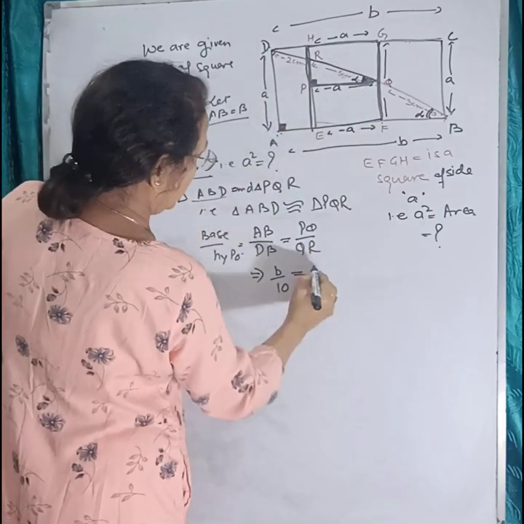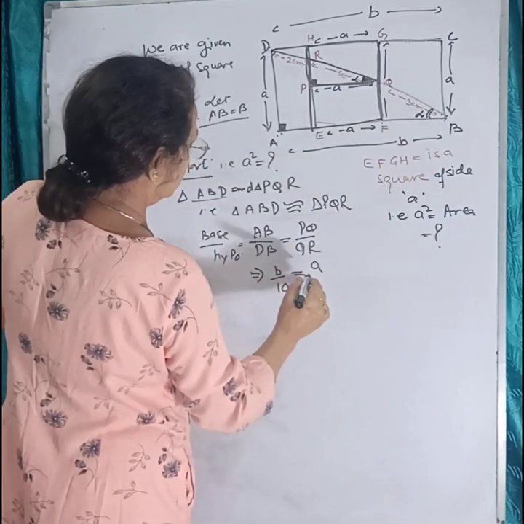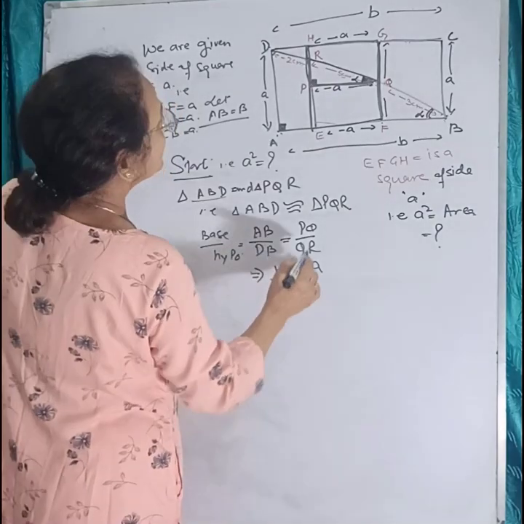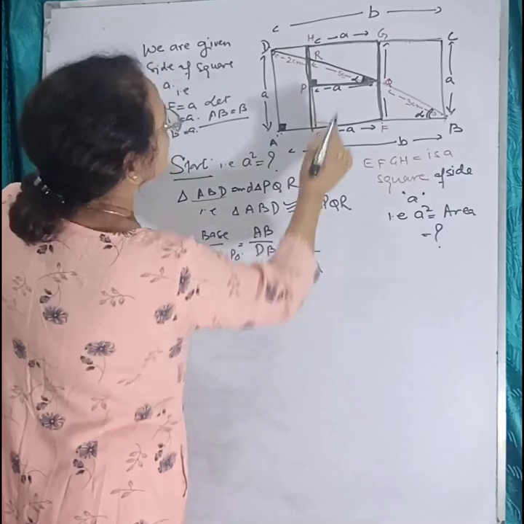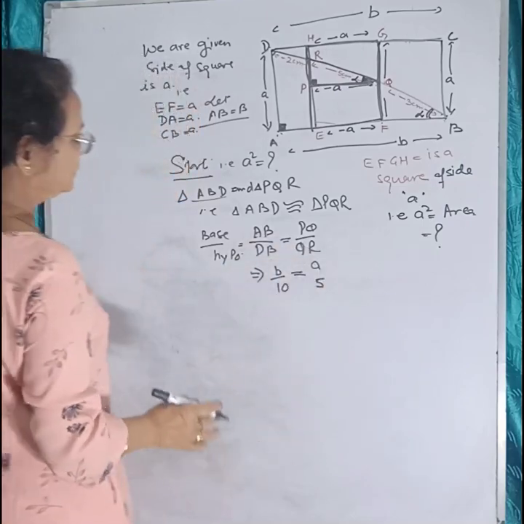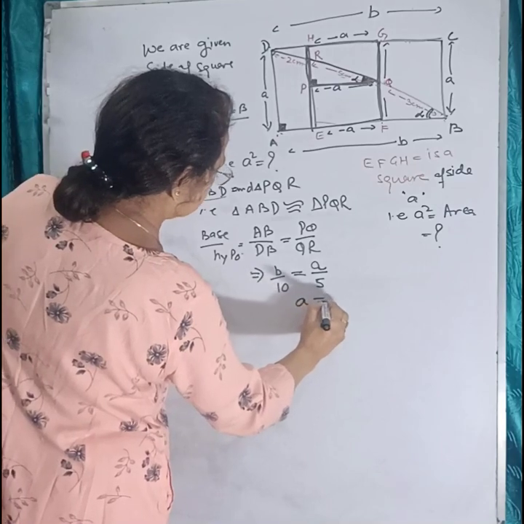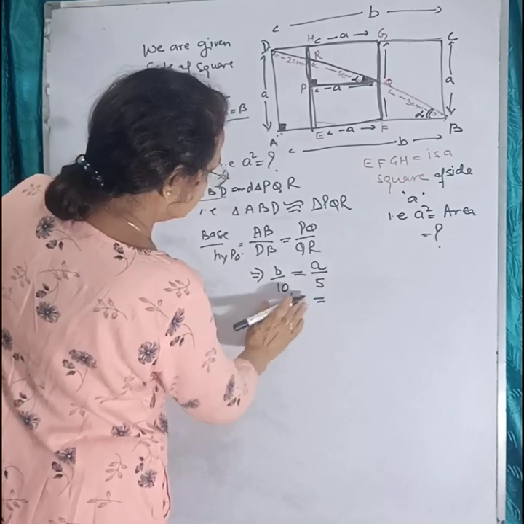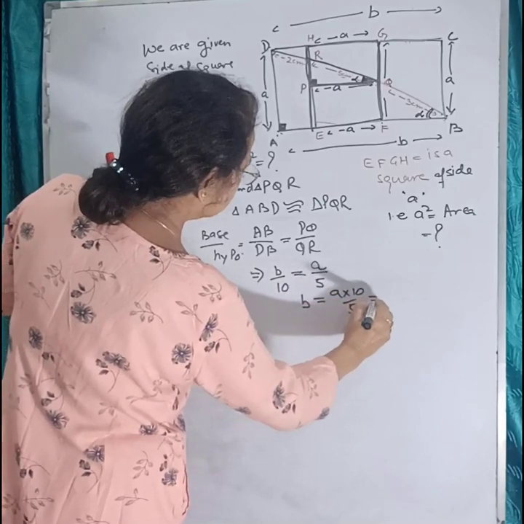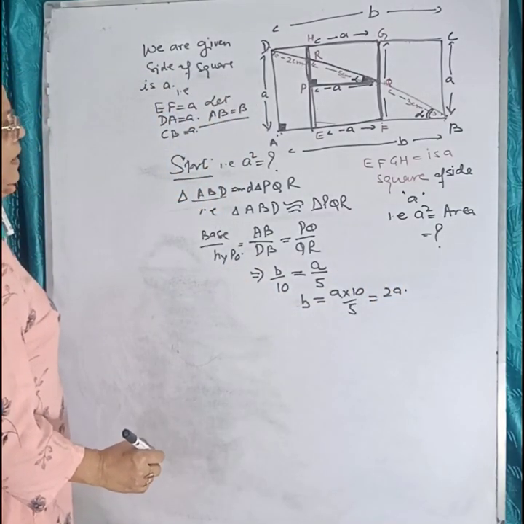PQ is equal to A, upon base AB. PQ upon base, PQ is equal to base upon hypotenuse is equal to QR is equal to 5. Okay. It means from here B is equal to A into 10 by 5, that is 2A.